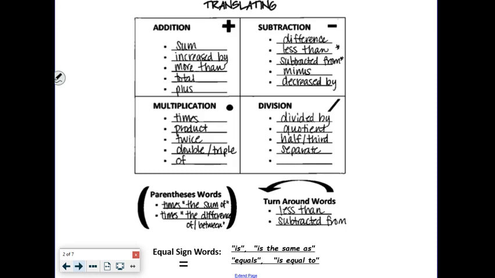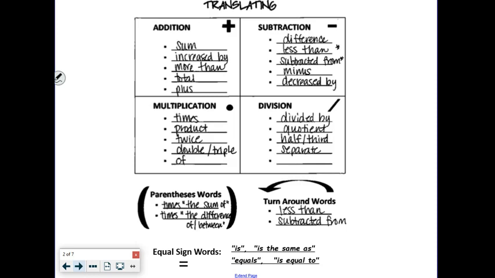So here, you can always come back to this spot in the video if you'd like, but some different keywords for addition, subtraction, multiplication, division, parentheses, like times the sum of or times the difference of. That means you're multiplying a sum, and a sum is two things being added. So to multiply the sum, you have to use parentheses there.